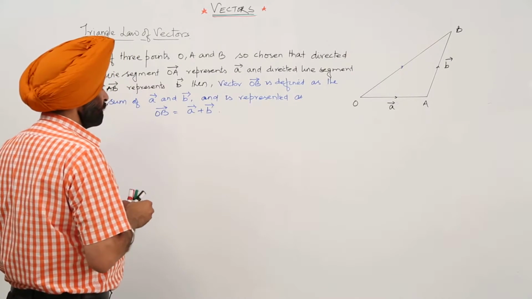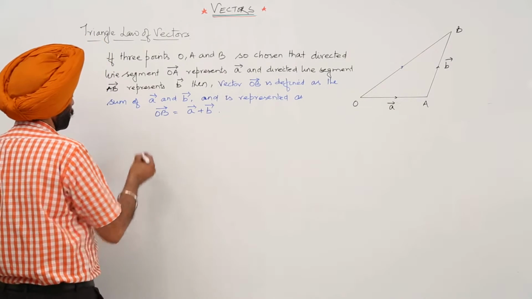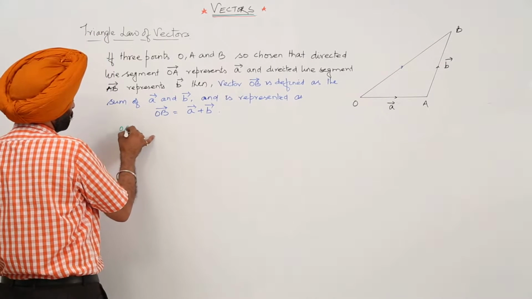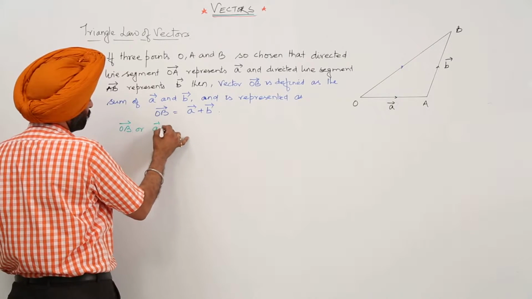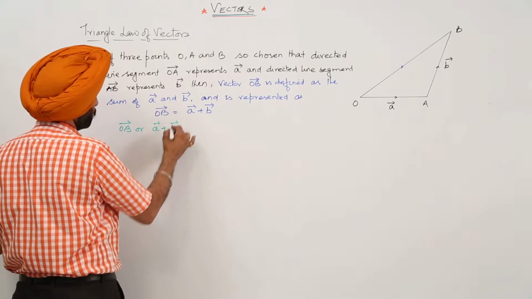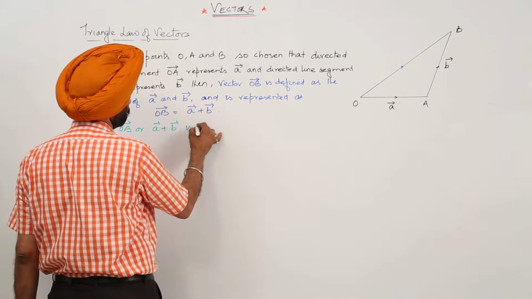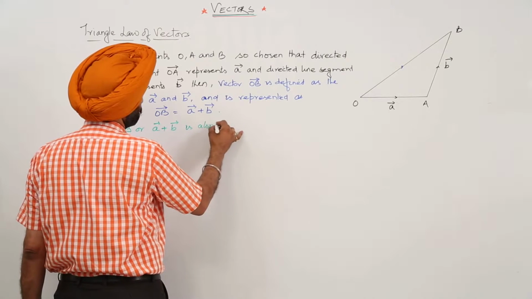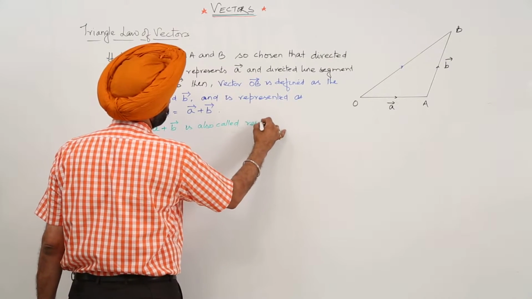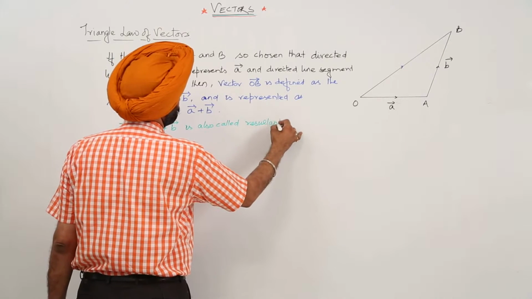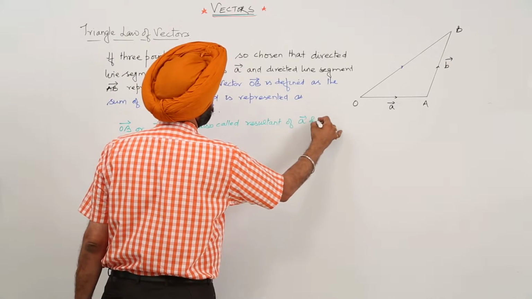Okay. Now vector OB, or the sum of vector A and vector B, is also called the resultant of vector A and vector B.